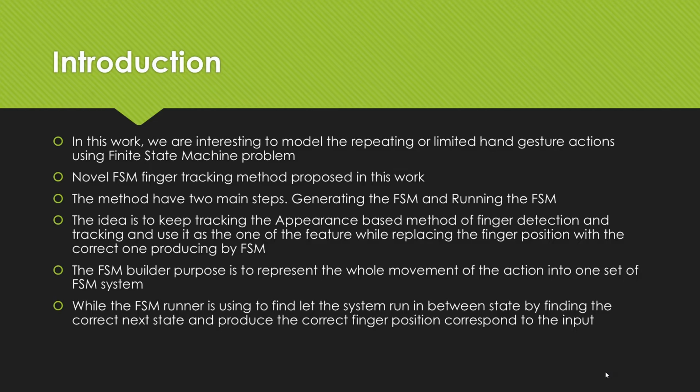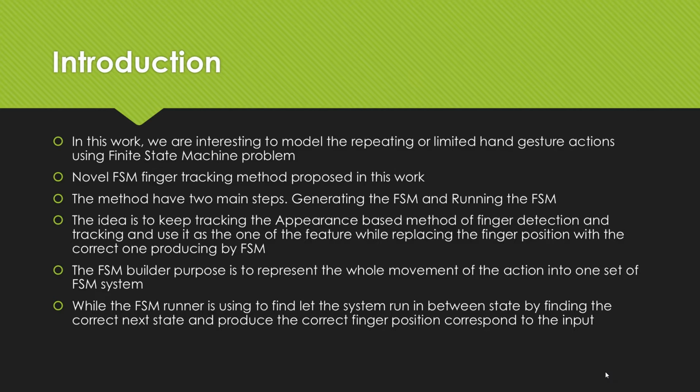So we propose a novel finite state machine finger tracking method. And this method has two main algorithms. The first is generating the finite state machine and running the finite state machine system itself.